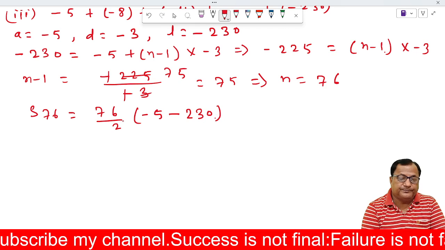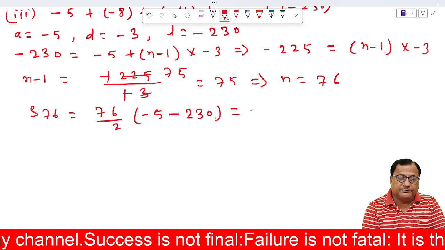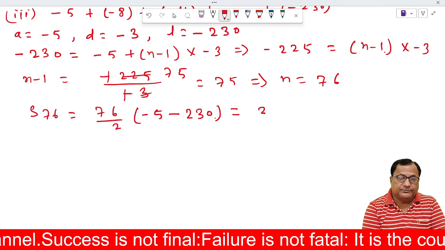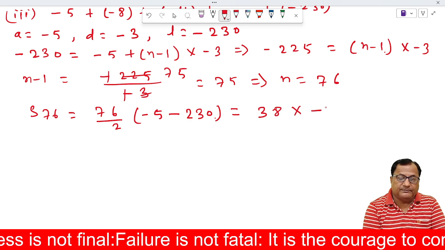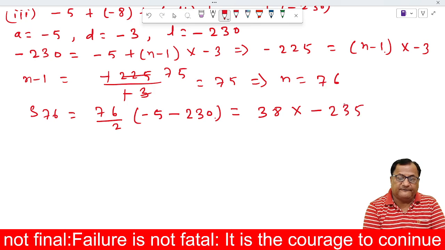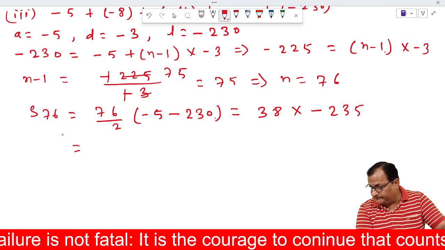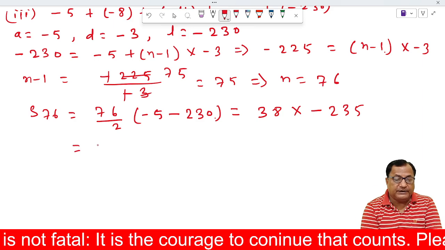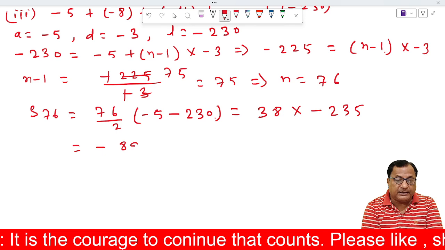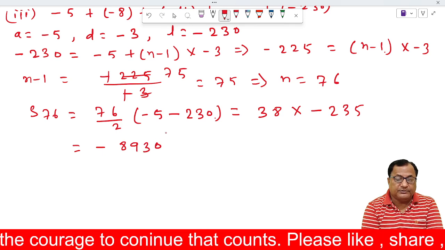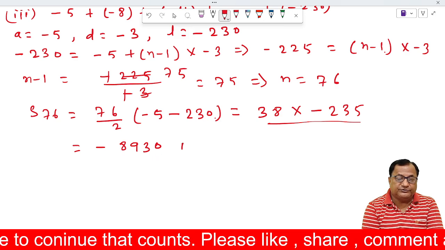So see here, 38 and minus 235. If you multiply this, we will get minus 8930. So this is the answer.